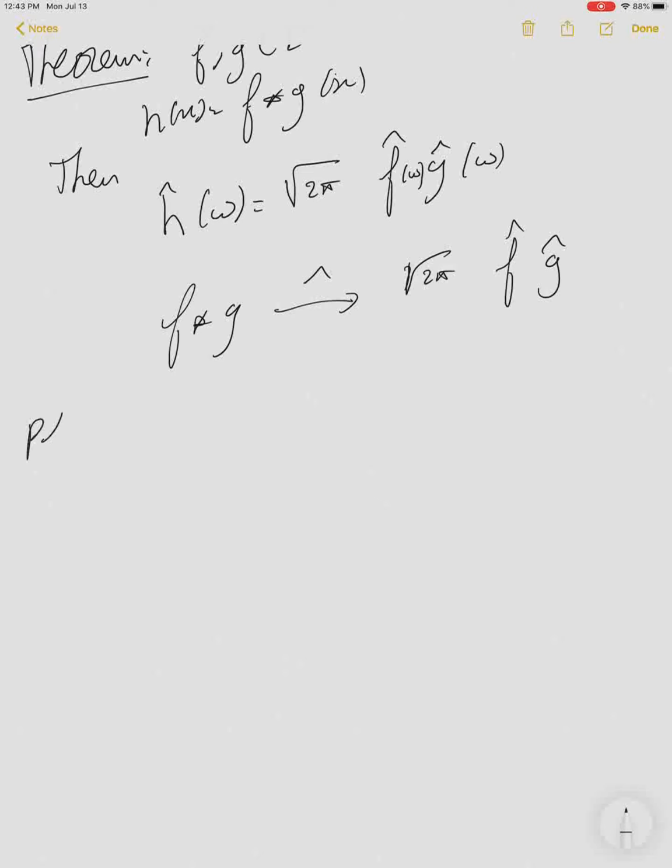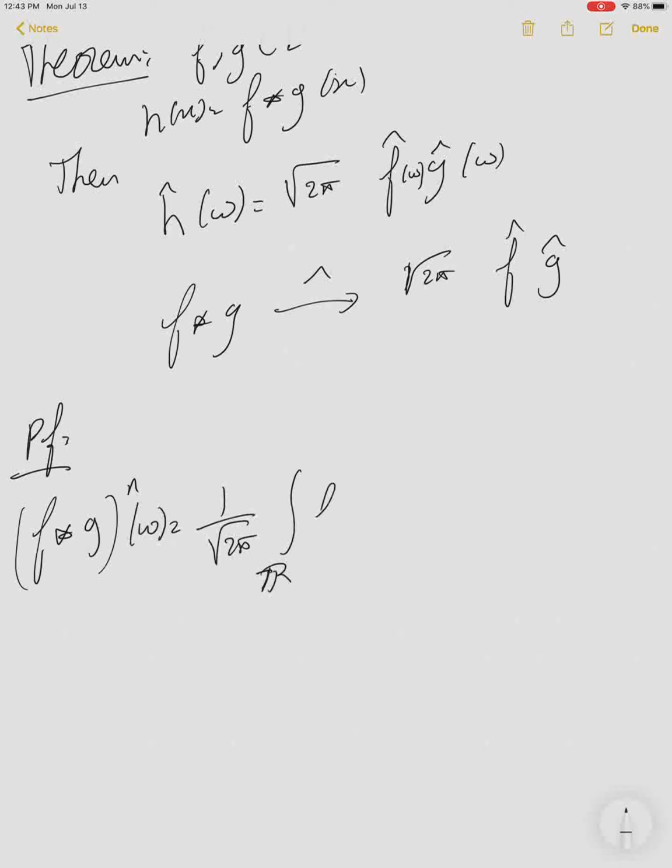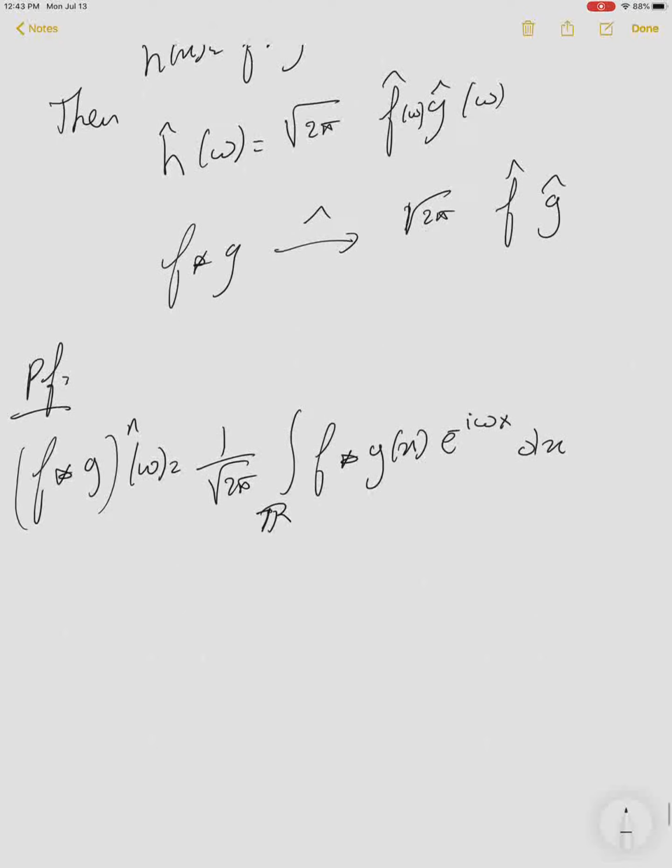Okay, now the proof. Well, f convolve g hat at omega is equal to 1 over square root of 2 pi, by definition, integral over R of f convolve g at x e to the minus i omega x dx.